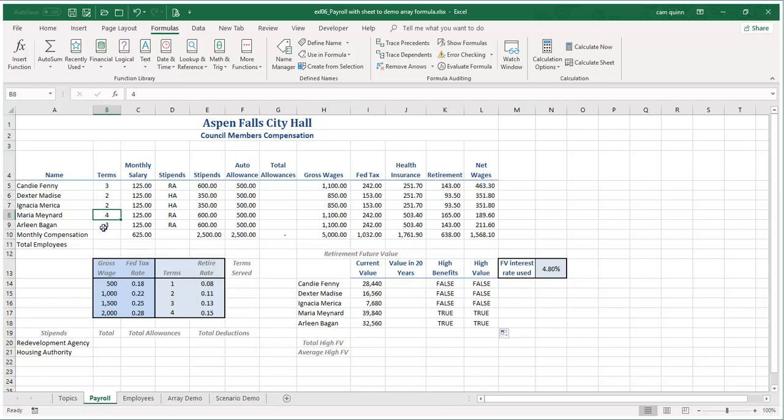However, her pension is $32,000, so that is high value. So that's basically the way the AND and OR functions work. You can also use multiple ANDs and ORs in an if statement to test for more than one thing, but we're not going to worry about that at this point in time.